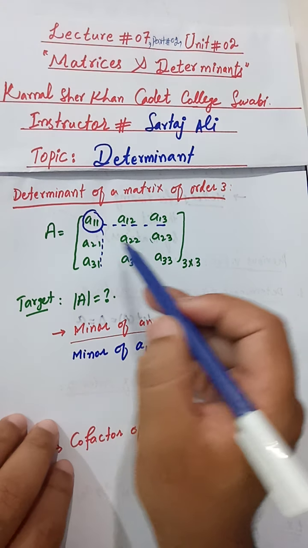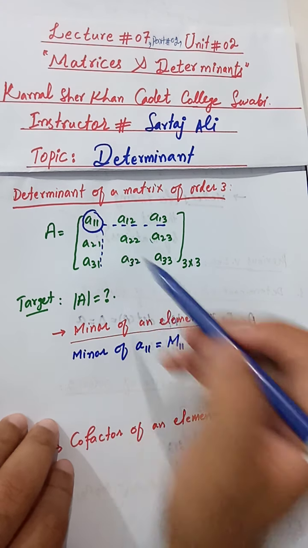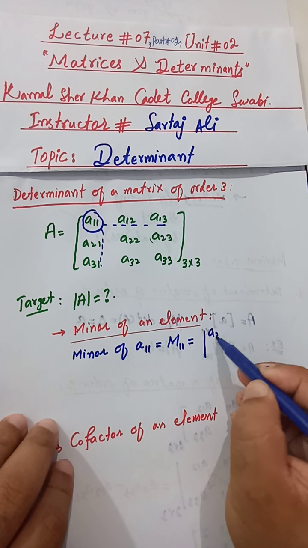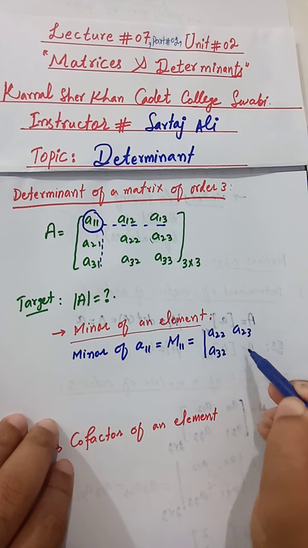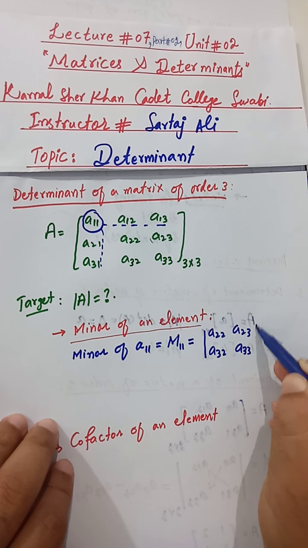The remaining portion is A22, A23, A32, A33.